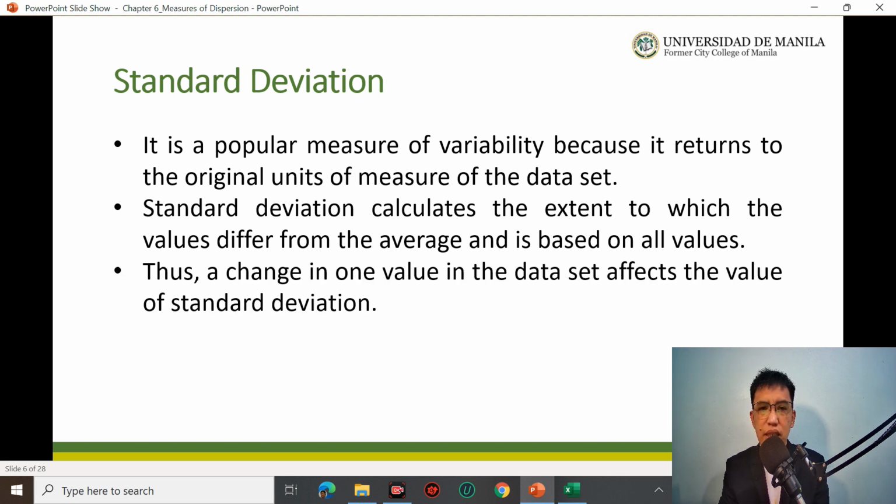Then, a change in one value in the data set affects the value of the standard deviation, just like the mean. So if we had an extreme value for the mean, say meron tayong 14, 14, 15, 14, 16, 16, 17, 18, then dinagdagan ninyo ng isa, ginawa nyo 25, 36. Layo compared to the set of data previously given.